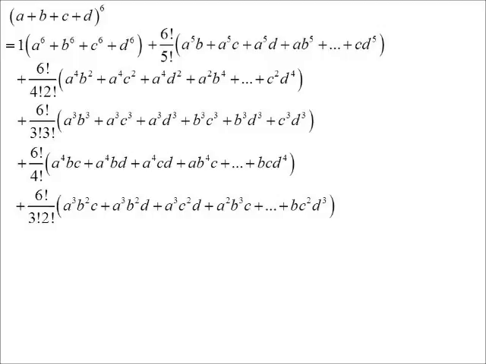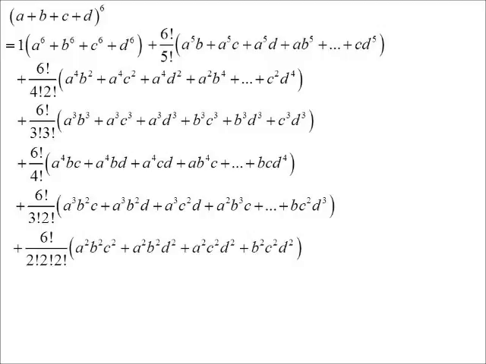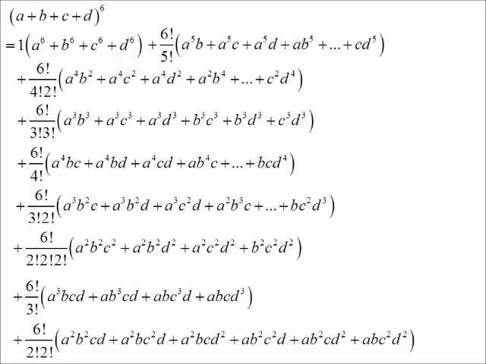Oh, actually, I could also have 3 of one, 2 of one, 1 of the other. Is that every possibility? Oh, no, because I could also have 2 of each one. Oh, what one did I forget there? Oh, I've forgotten 3 of one and 1 of each of the others. Oh my goodness. There's your expansion for a plus b plus c plus d, all to the power of 6. There's another one. Oh, you're right. Look at that. A squared, b squared, c, d.